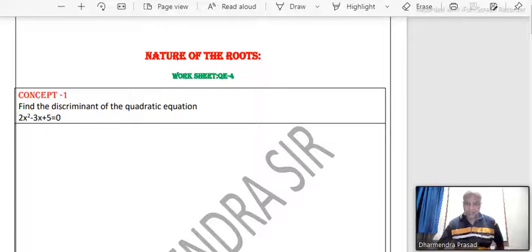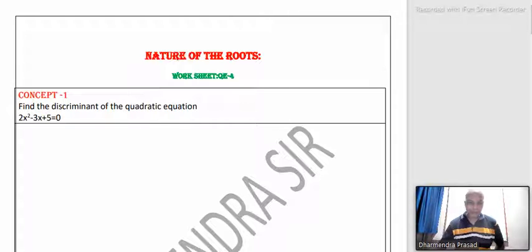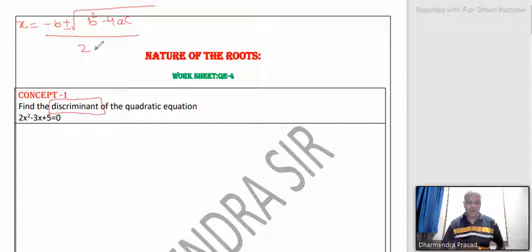Before going to the questions, first try to understand what you mean by discriminant. When you are going to find the value of x in any quadratic equation, the x value is minus b plus minus root over b square minus 4ac by 2a.